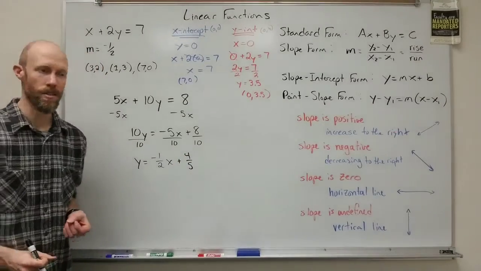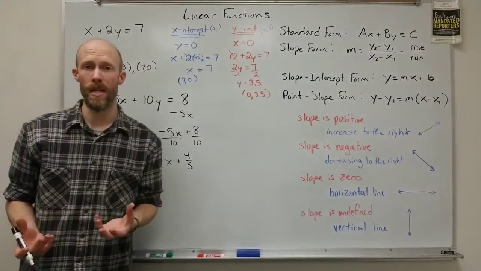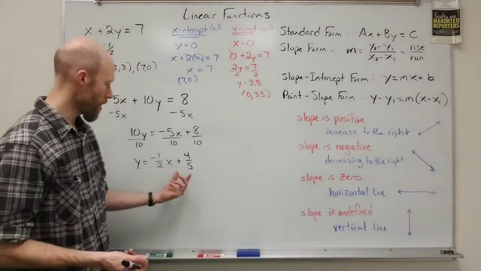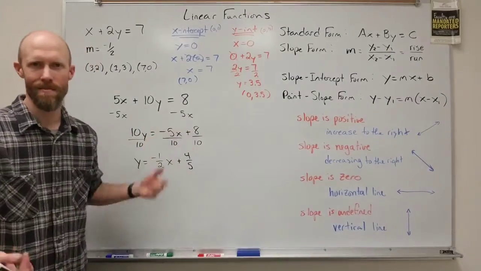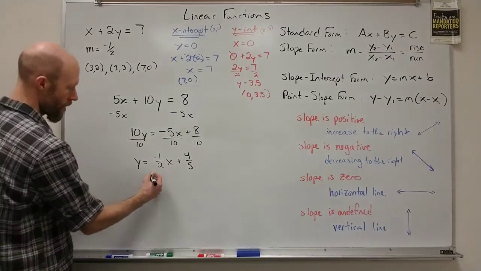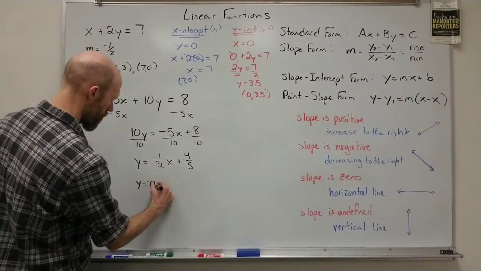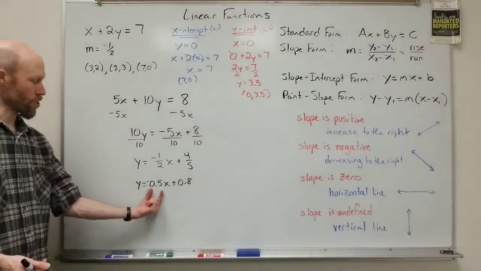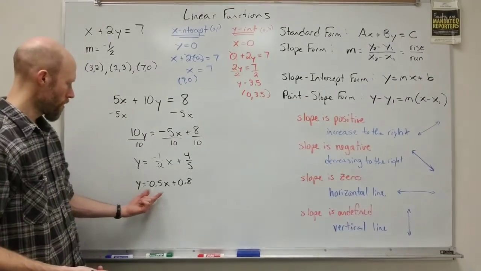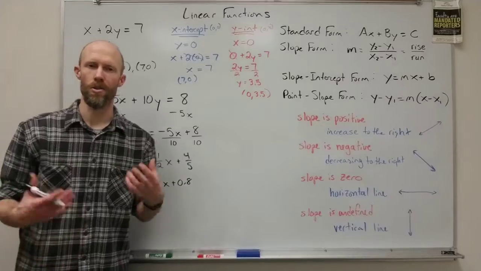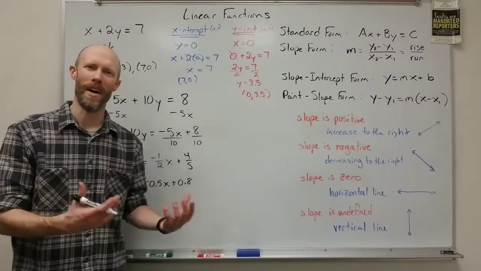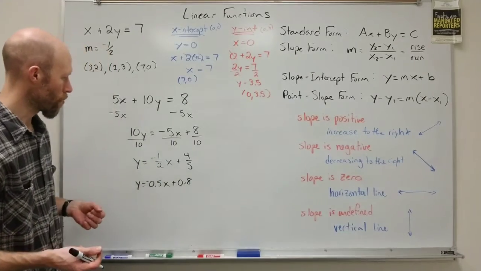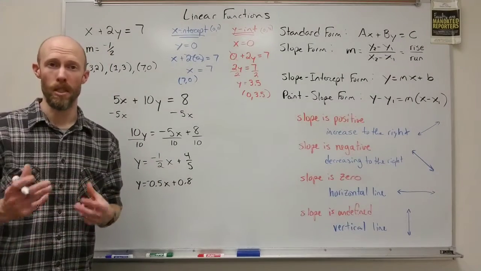Always reduce our fractions. You could write this as a decimal, but the decimals aren't very useful, except maybe the 4/5 would be kind of nice. That's 0.8, 8/10, 0.8. You can do negative 0.5x plus 0.8, that would be valid, although a slope of 0.5 is harder to work with than a slope of 1/2. So the slopes are often nice as a fraction, and the y-intercepts are often nice as a decimal. It doesn't really matter which form you put it in, you just want to be able to use the numbers, okay?